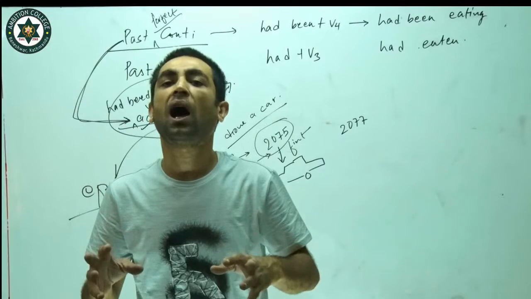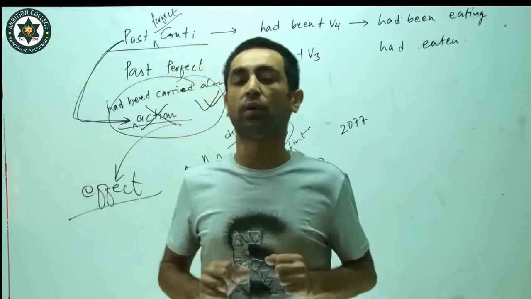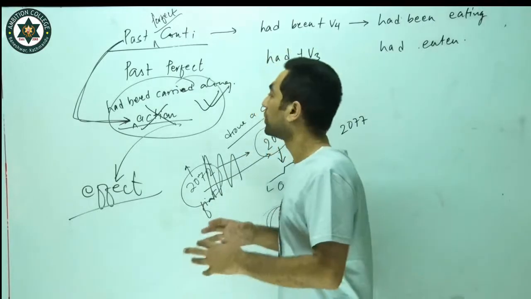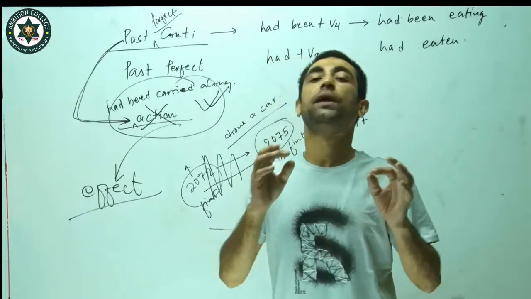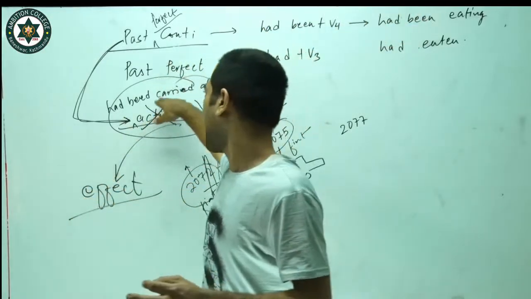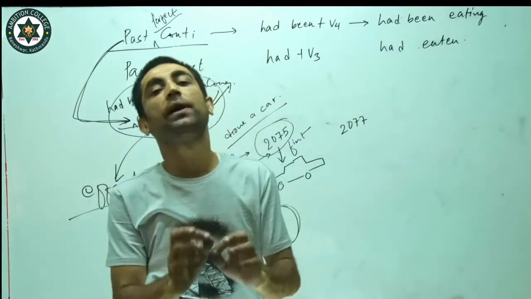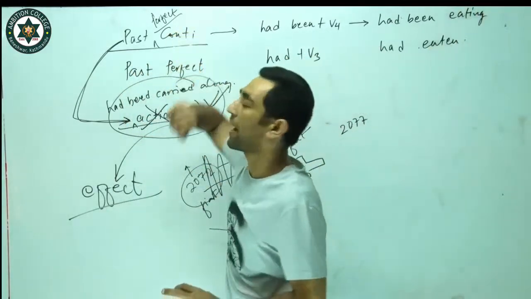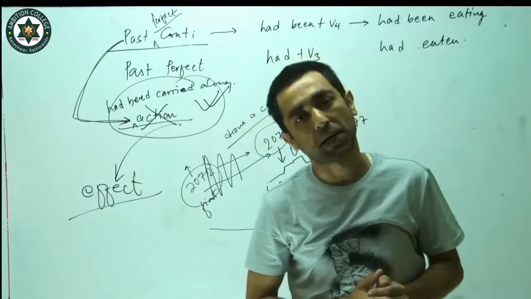Now, the effect was there with me. The experience was there with me. So, this is how we talk about the effect using the past perfect, and we talk about the continuous action using the past perfect continuous.